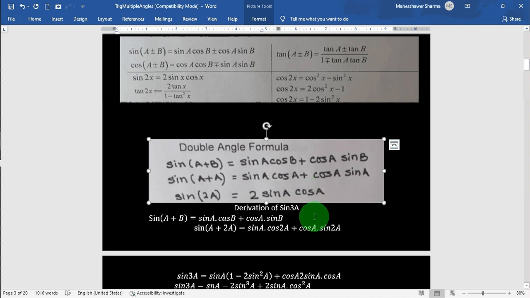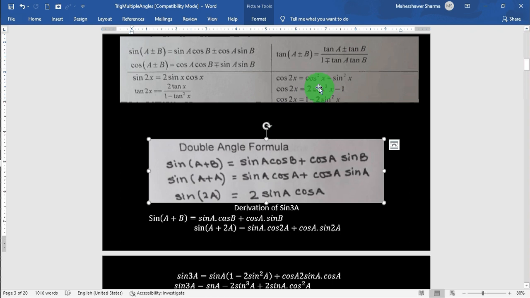Same way we can derive cos 2a also. After derivation we get cos 2a equal to cos squared a minus sin squared a. When we convert the sine into cos format we get 2 cos squared a minus 1. When we convert the cos squared a into sine format we get 1 minus 2 sin squared a.